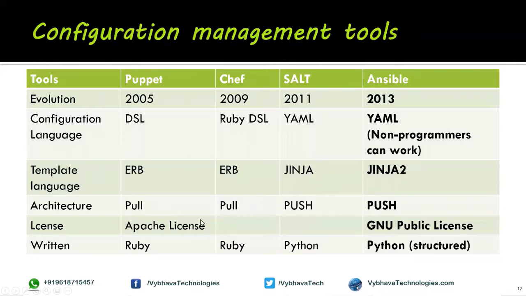On pull versus push, Salt and Ansible both use the push technique. Pull means you should have an agent. License: open source, that is Apache license, here GNU public license. And which language are they written in? Python. Salt and Ansible are both written in Python. So these are the comparisons. Puppet and Chef come with different template capabilities.